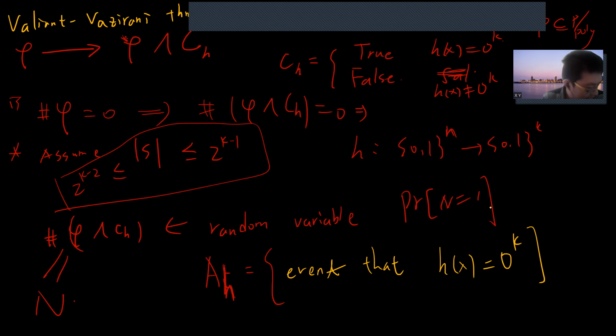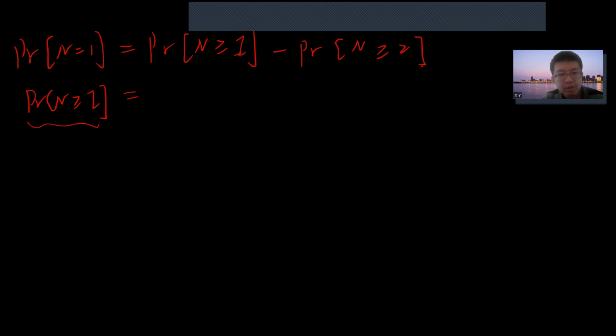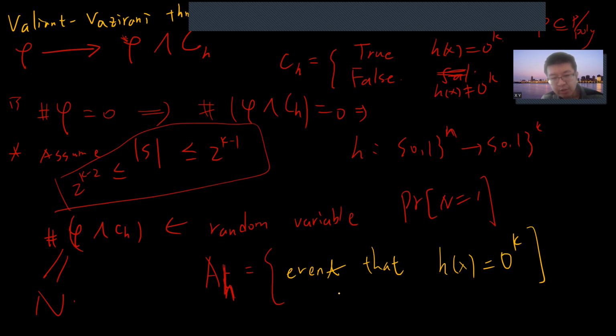Now N greater or equal to 1 means the probability of the union over h in H, but not only this, you need to consider x belongs to S. In order for this to be satisfiable, C_h must be true and phi also must be true.